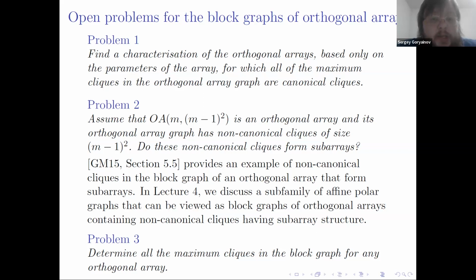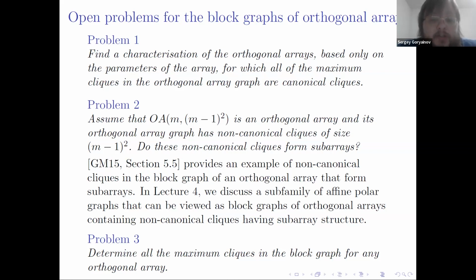Problem 2: assume that OA(m,n) with n = (m-1) squared is an orthogonal array, and its orthogonal array graph has non-canonical cliques of size (m-1) squared. Do these non-canonical cliques form subarrays?